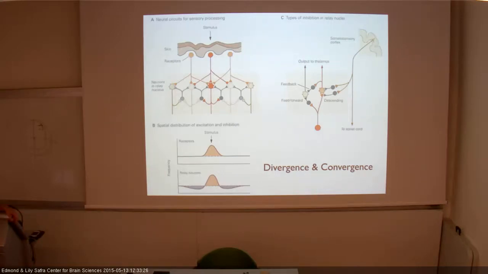So on one hand you have divergence, the information is split into different locations, and each one of them has convergence, meaning it collects information from many cells. You're learning neural networks, you know what you can do with things like that. It's important and powerful, and you don't really understand how they work. You just think it's okay. That's one thing. The second thing is inhibition.